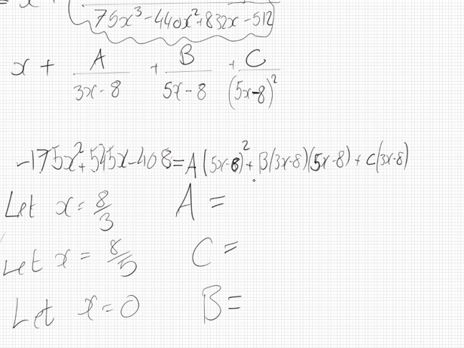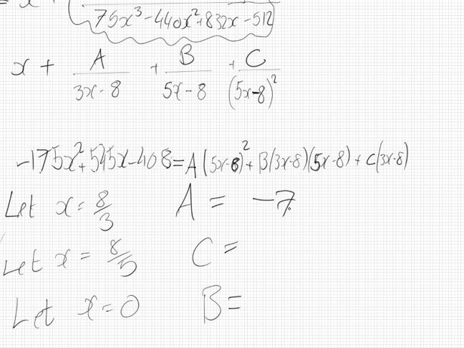So I got on the left minus 172 over 9, and then divided by 5 times 8 over 3 minus 8 squared. Yep, I get A is minus 7. Is that right so far? It is.